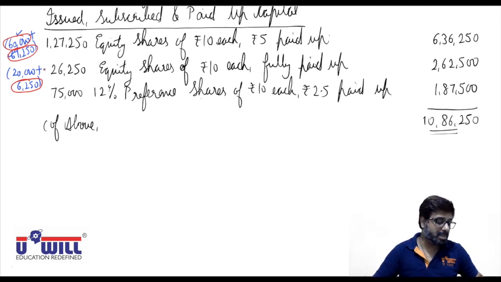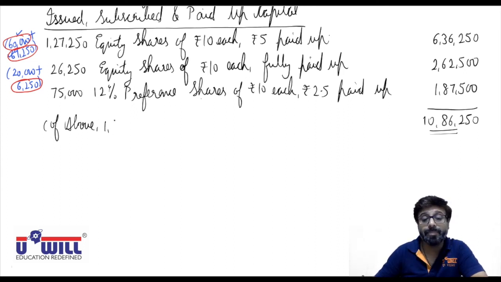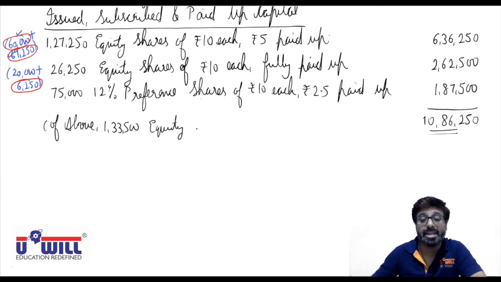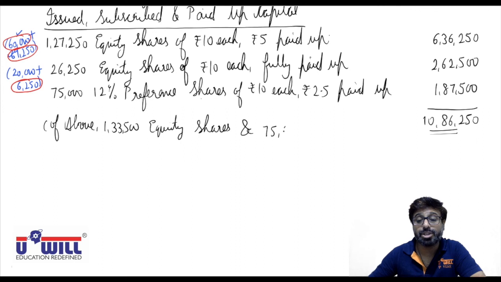So 60,000 plus 67,250 plus 6250, total 1,33,500 equity shares, and all preference shares are for consideration other than cash, they are given to preference shareholders only, and the 75,000 preference shares are issued for consideration other than cash.